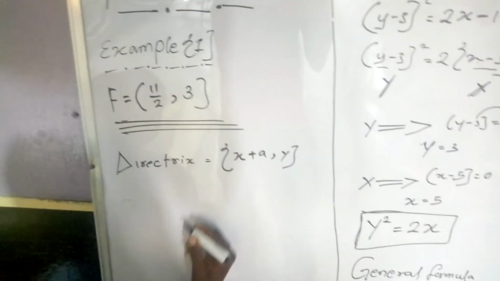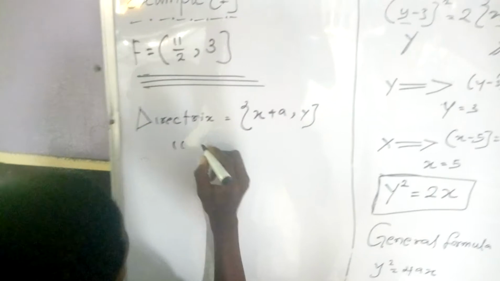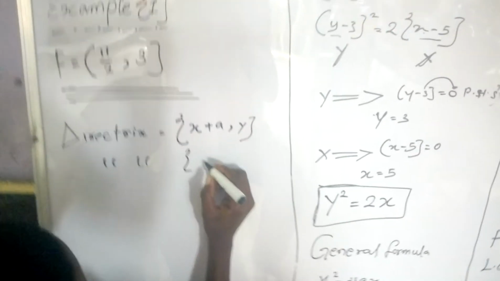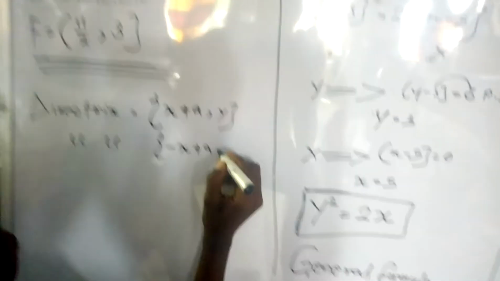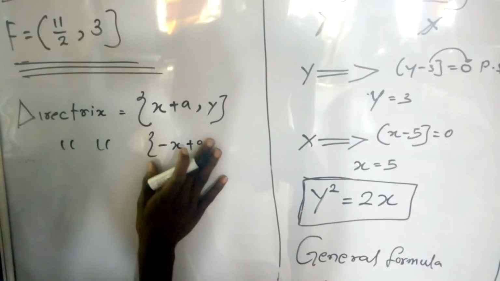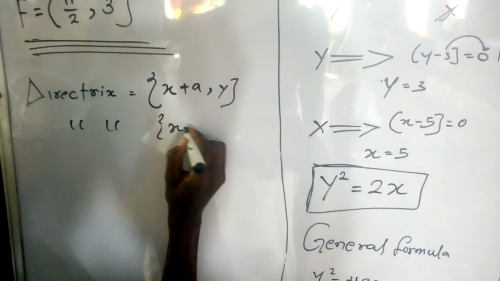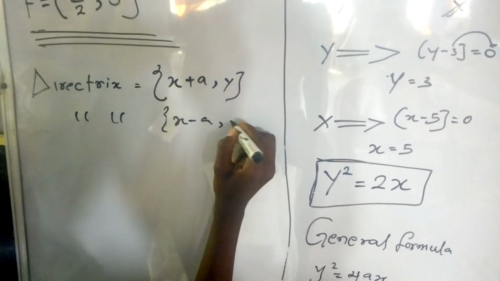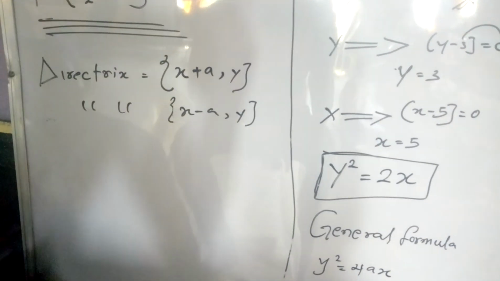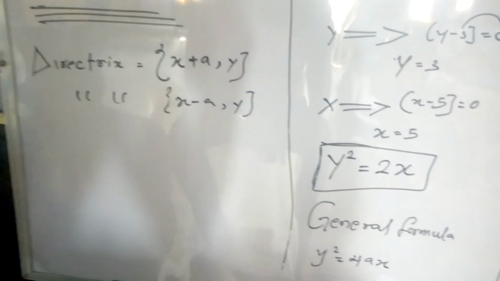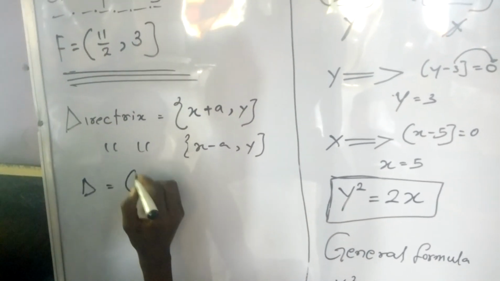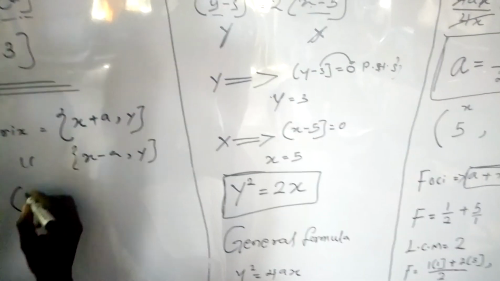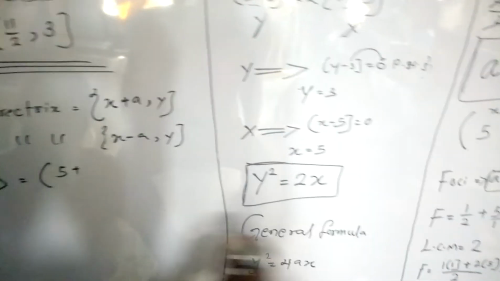Then the second directrix formula too. You are having minus x plus a, you are having x minus a, y. So you are going to have d equals our x is 5 plus 1 over 2.